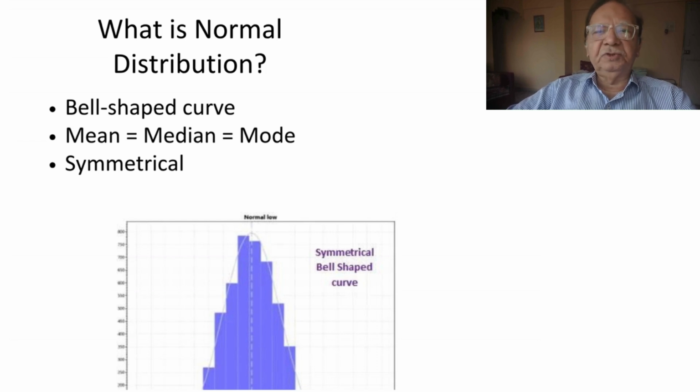A normal distribution is a symmetric bell-shaped curve. In such a distribution, the mean, median, and mode are all equal, and the data is evenly spread on both sides. But in real world research, data is rarely this perfect.